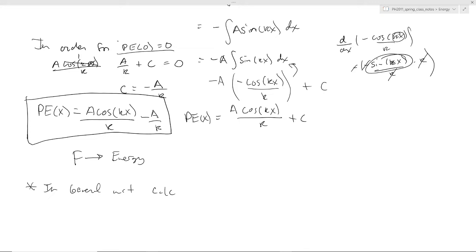For now, for our purposes, for PH2011, really the functions that are going to get you 90% of the way are x to the n, cosine theta, sine theta. Stuff like that.